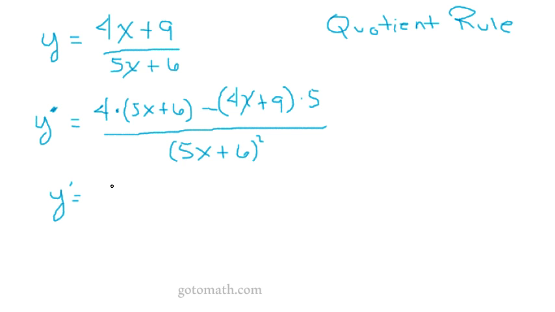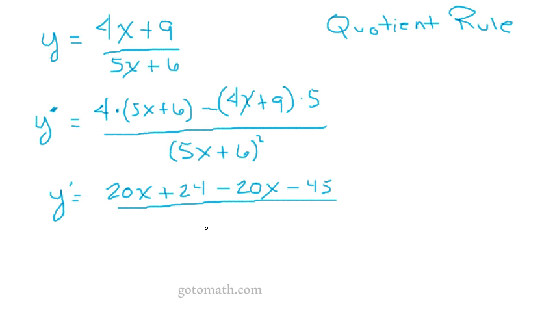And then, of course, you'll want to simplify this thing down. We can distribute the 4 across. We get 20x plus 24 minus, I'm going to go ahead and distribute this negative across as I multiply the 5 inside also. So this becomes 20x and then minus 45. And then, of course, we'll rewrite the denominator squared again. And now we have y prime is equal to. So some things will cancel out here.